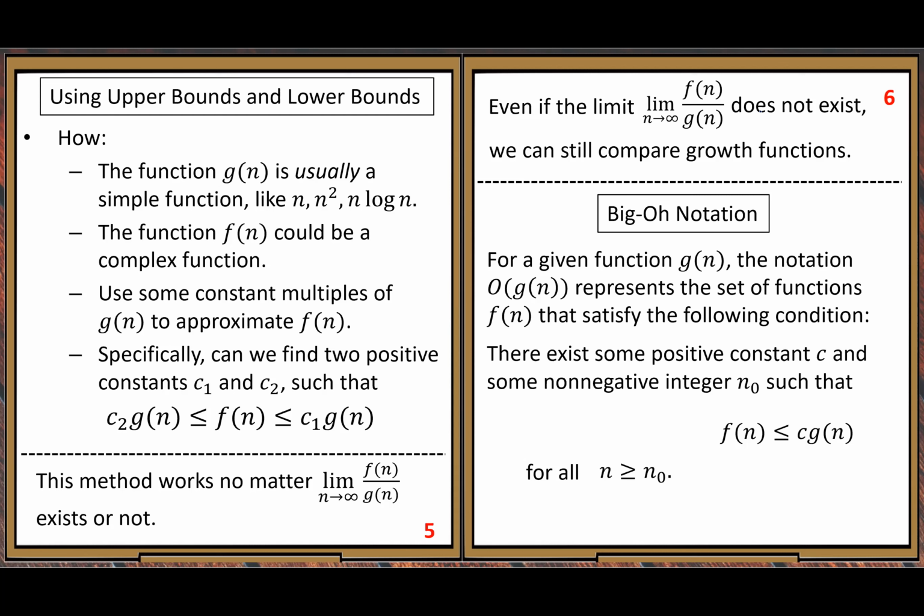Before this line, we do not require that inequality. Only after that line, the inequality is true, then we have the big O notation. I hope you understand the subtle meaning here. Pretty subtle.